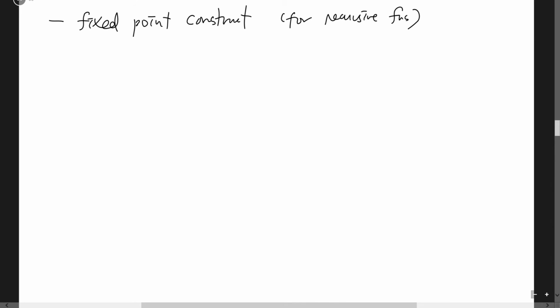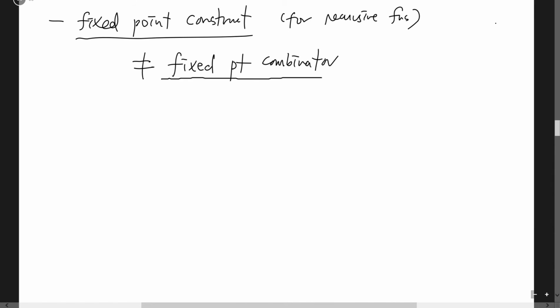The last extension to simply typed lambda calculus is the fixed point construct for implementing recursive functions. First of all, this fixed point construct is not the same as the fixed point combinator that we developed in untyped lambda calculus.